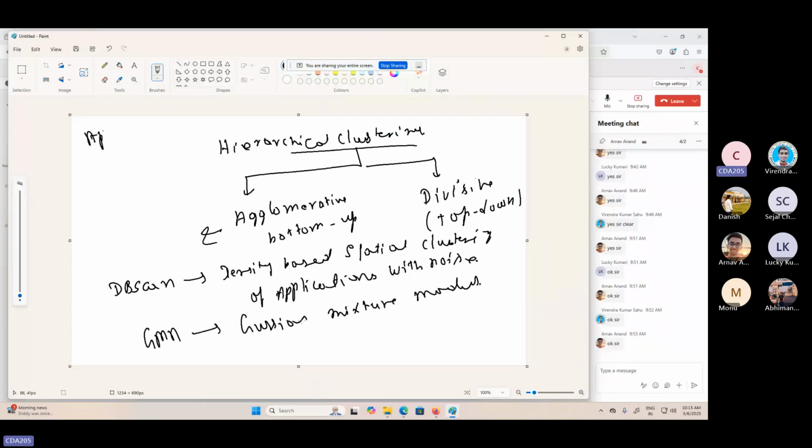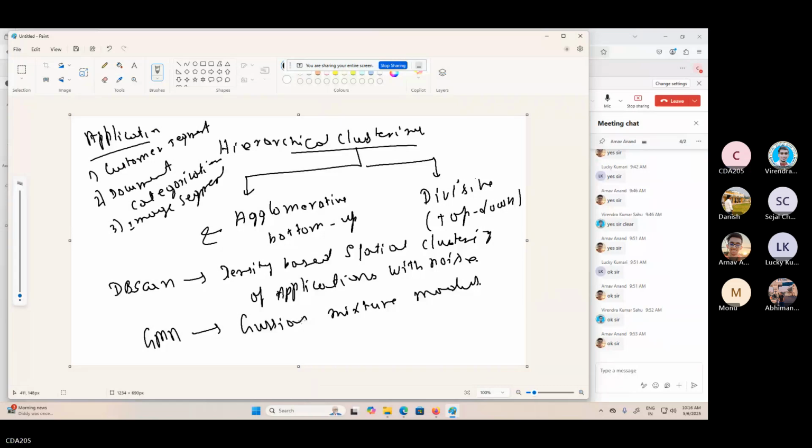When we talk about applications, first is customer segmentation, then document categorization, then image segmentation, and the fourth one is anomaly detection. These are the applications of clustering.